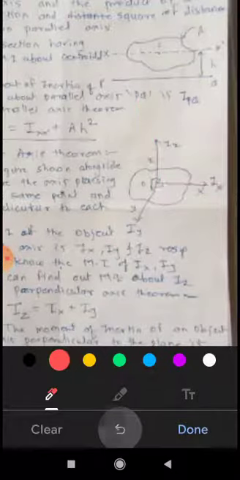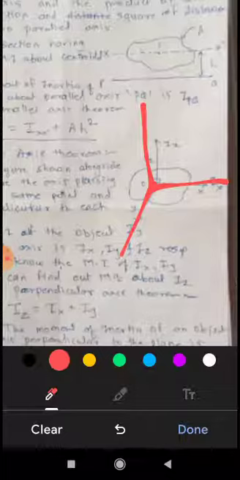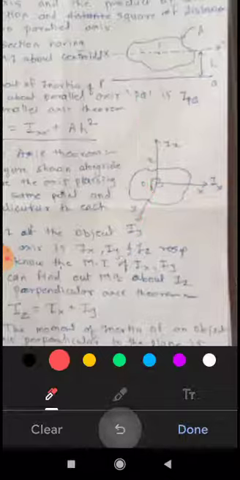Again, if we know the moment of inertia of the body about the x axis and y axis, then we can find the moment of inertia of the same body about an axis perpendicular to both, that is the z axis, by using the perpendicular axis theorem.